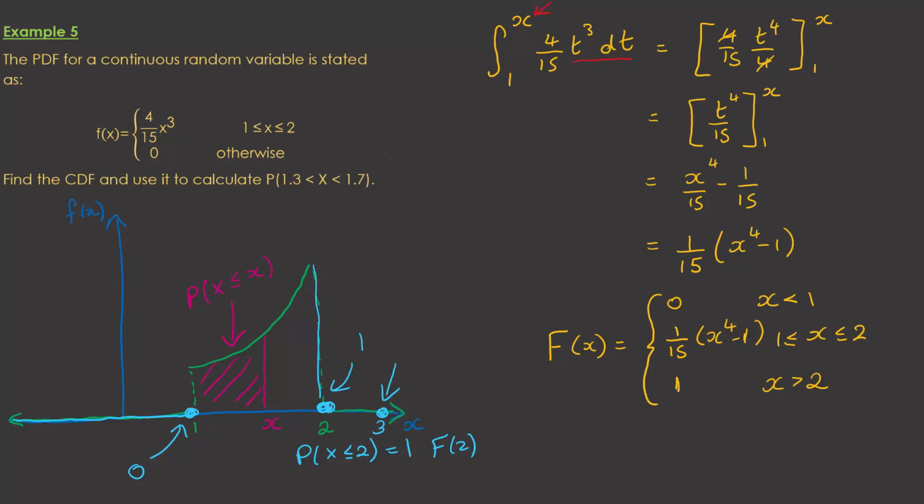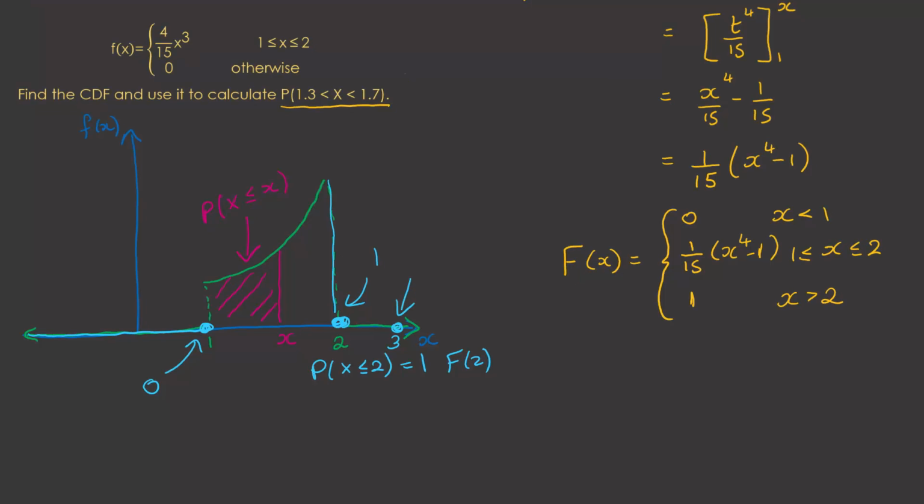Now we want to use this to calculate this. So let's just make a bit of space on this diagram here. Okay, so if we think about f of 1.7, that's going to be this area just here.